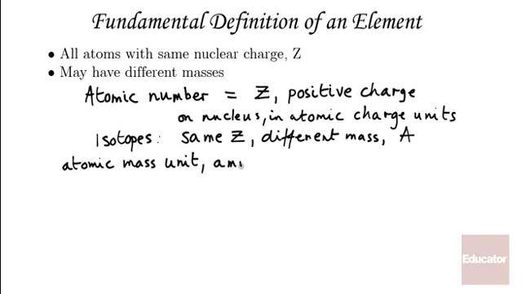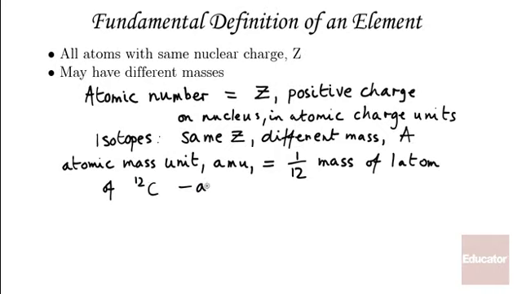And the atomic mass unit, for historical reasons and reasons of precision, which we don't need to get into, is 1/12 of the mass of one atom of one particular isotope of the element carbon, carbon 12. It is the most abundant isotope of carbon.